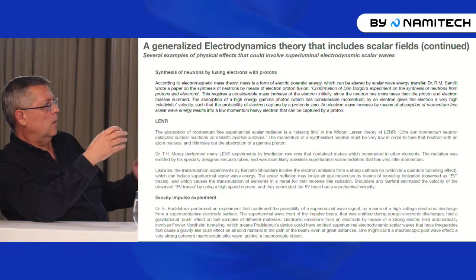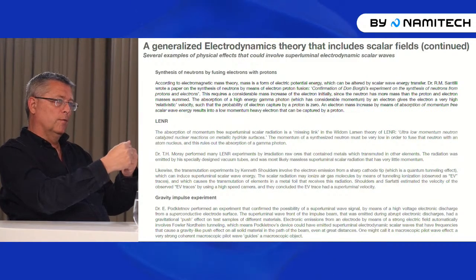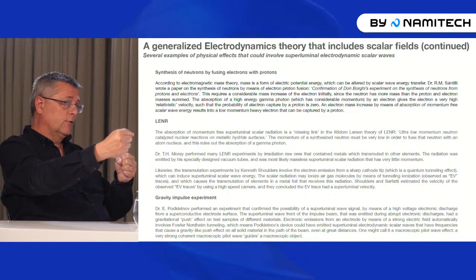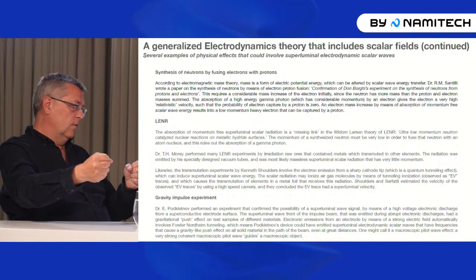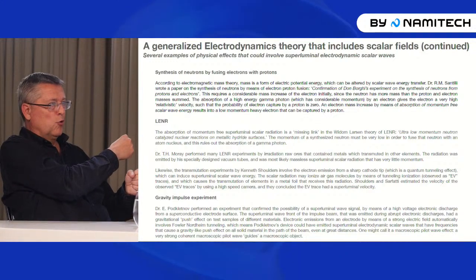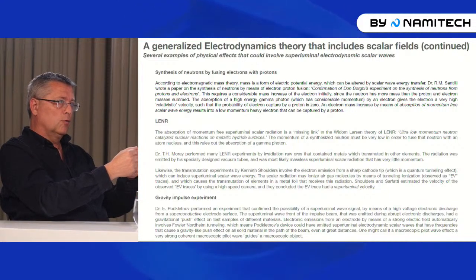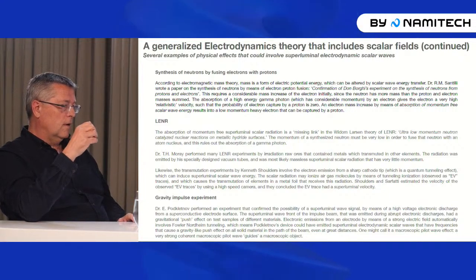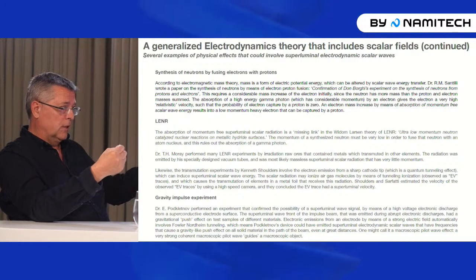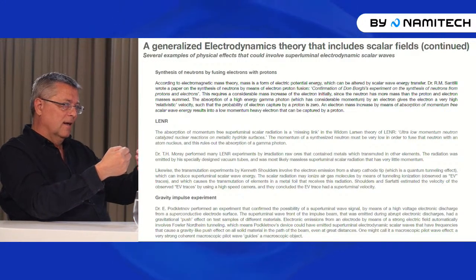Because we have to fuse an electron with a proton in this process, and the electron must not get a relativistic velocity in the process. Otherwise it cannot fuse with a proton. So we have to have an electron that picks up scalar wave energy, then it stays very slow. And for that reason it can fuse with a proton. And also the resulting neutron has a very low velocity.